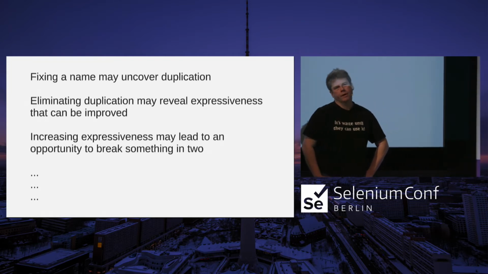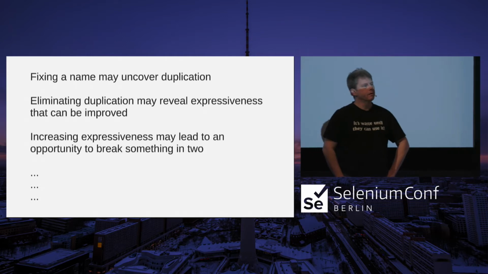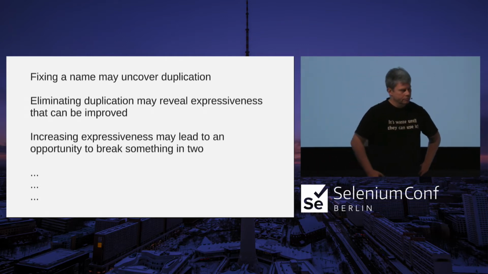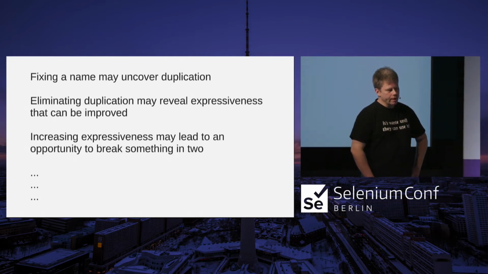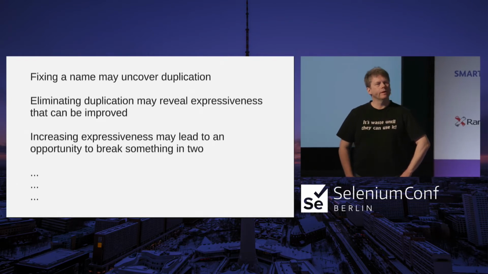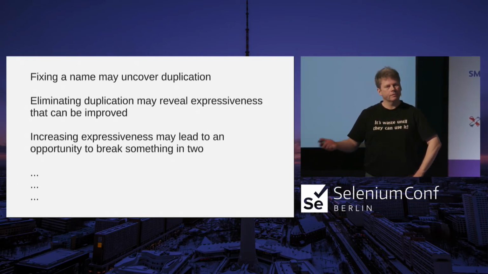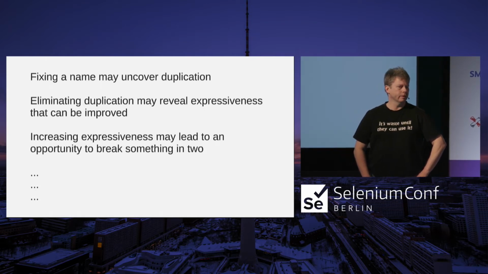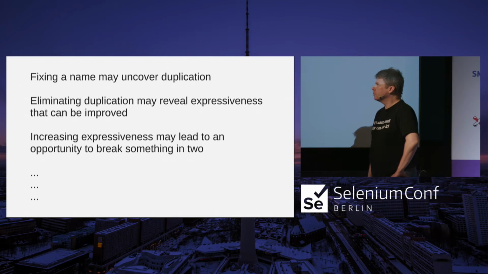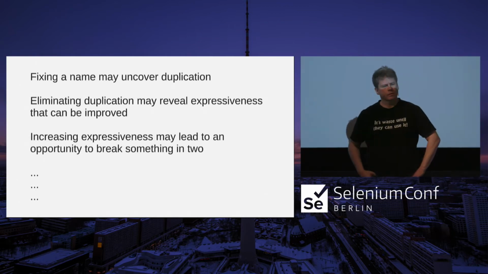When you remove it, maybe stuff could be expressed a little bit better. And when you do that, it gives you an opportunity to break something into two things that might be smaller, and so forth. So you look at these rules over and over again until you get bored and give up. Or not, but you think about them.